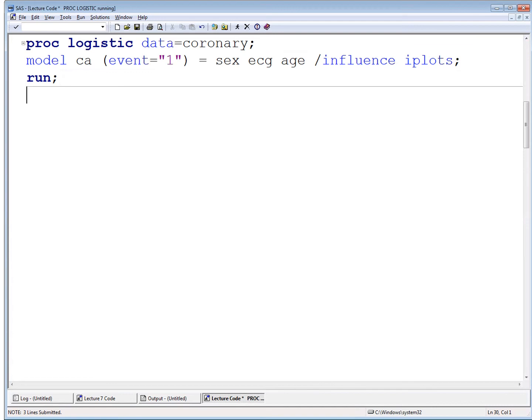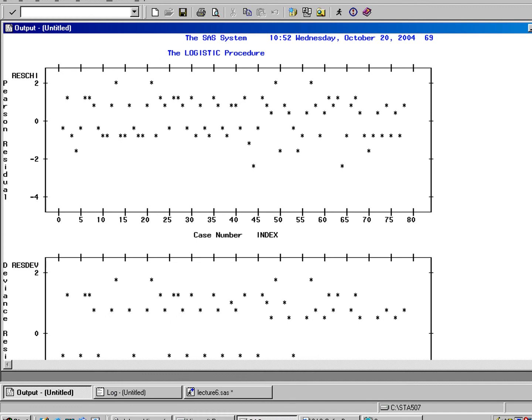So we could get the residuals with the influence statement. We can get plots of them with the iplot statement. Again, might be part of the ODS output. But regardless, here are some plots of them. Those stars are the residual by observation number.